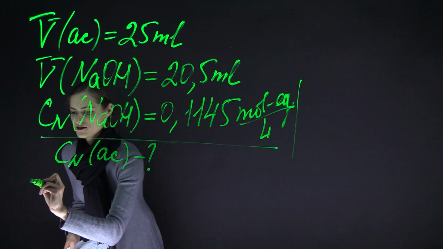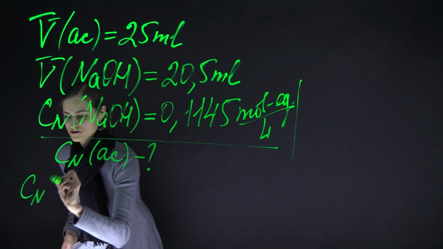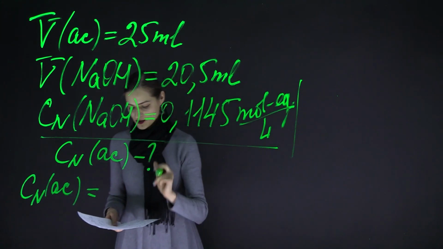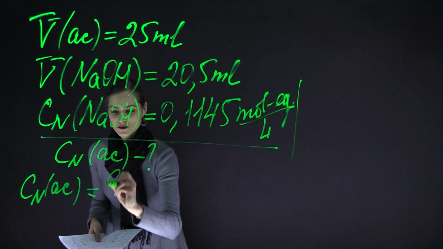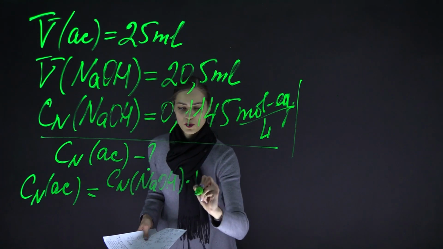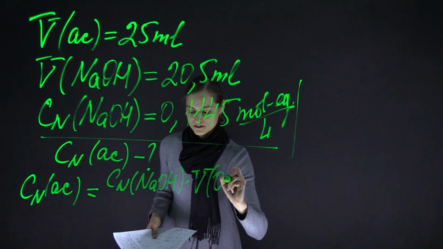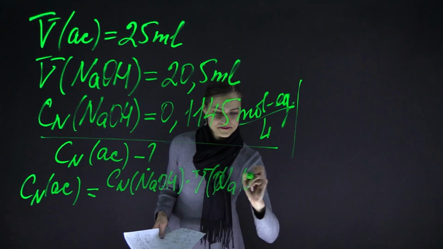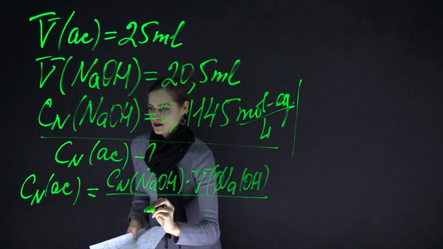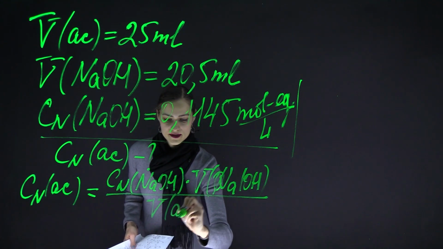And in this situation, the normal concentration of the acid is the ratio between the normal concentration of sodium hydroxide times the volume of sodium hydroxide, and the volume of acid.